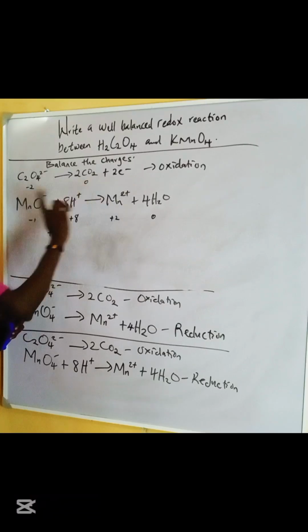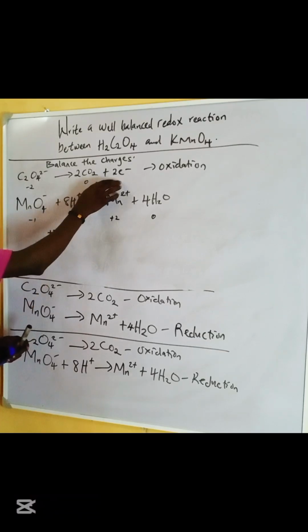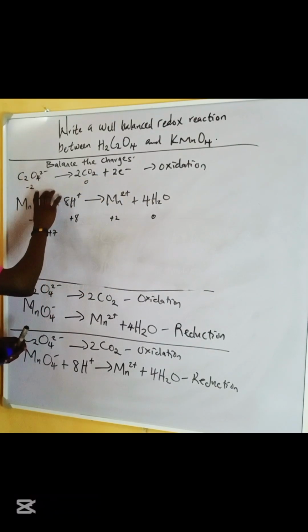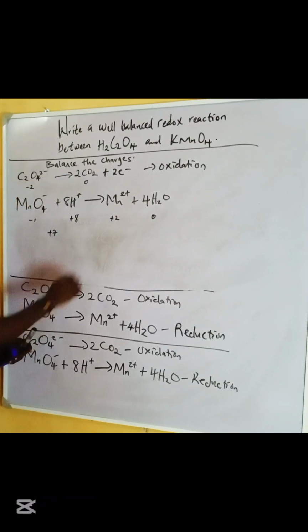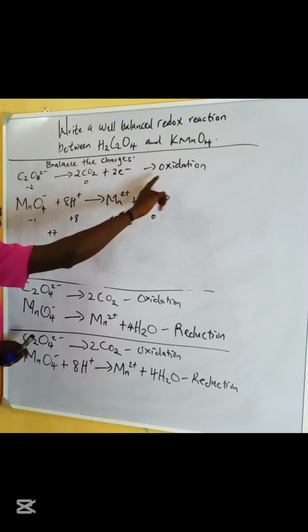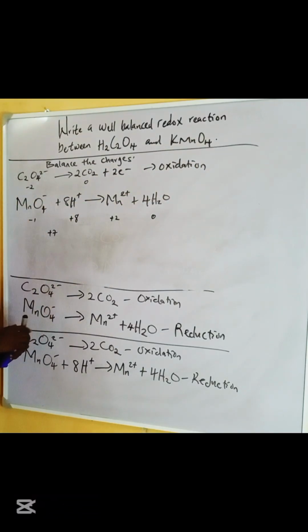One other thing you should note is that while adding electron, both electrons should not be at the product side or both of them at the reactant side.